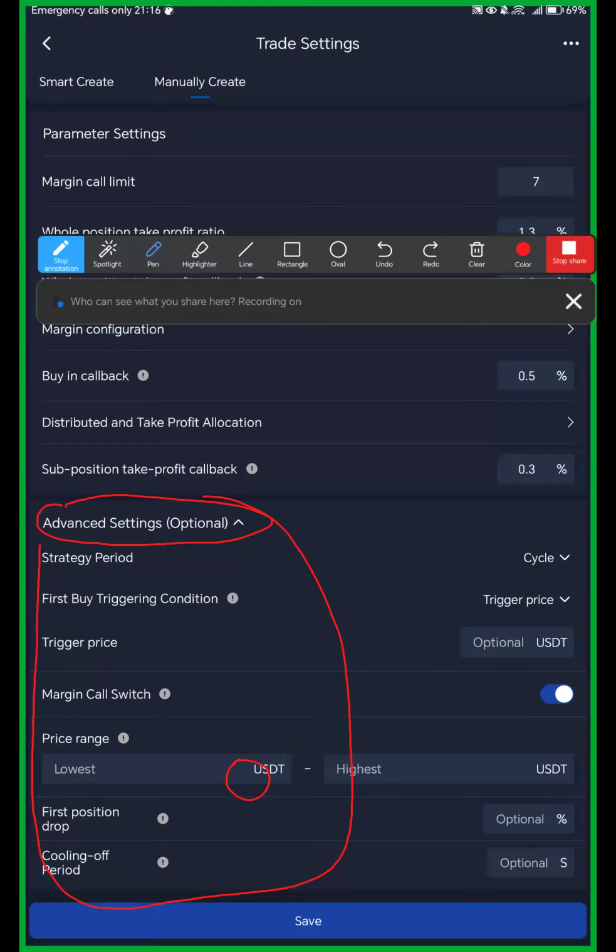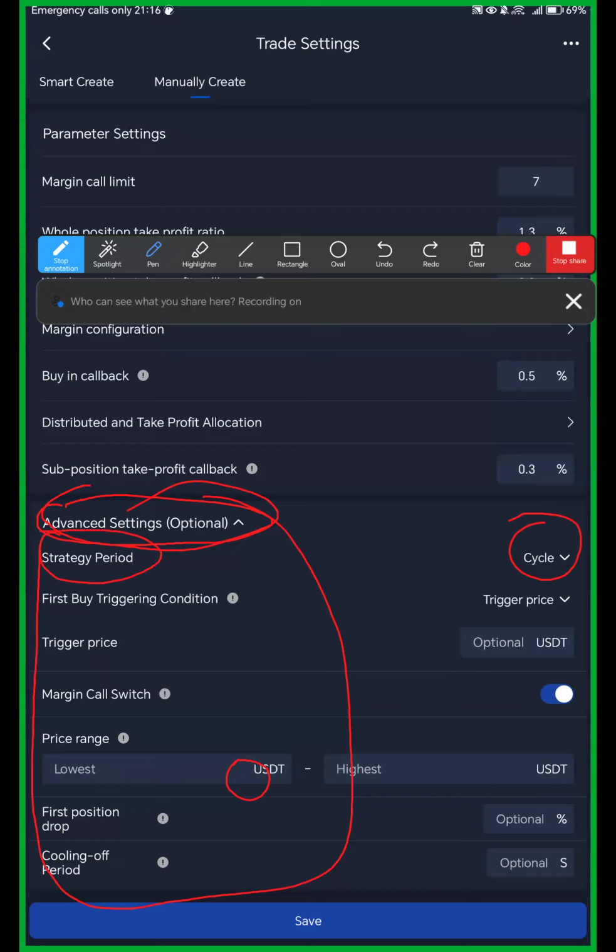So now, when you tap on advanced setting, you are going to change strategy period. Remember, we normally trade in one shot. We don't trade in a cycle. I'm not going to explain that.